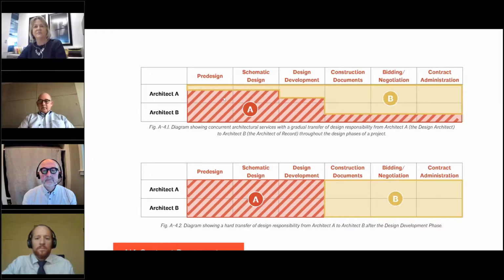And although it's a bad habit to do design work during construction phase, sometimes the decisions you make in the field are really design related decisions. So the idea of having the blend of responsibilities, the concurrent structure, just seems to maintain involvement if it can be done in a collaborative way.